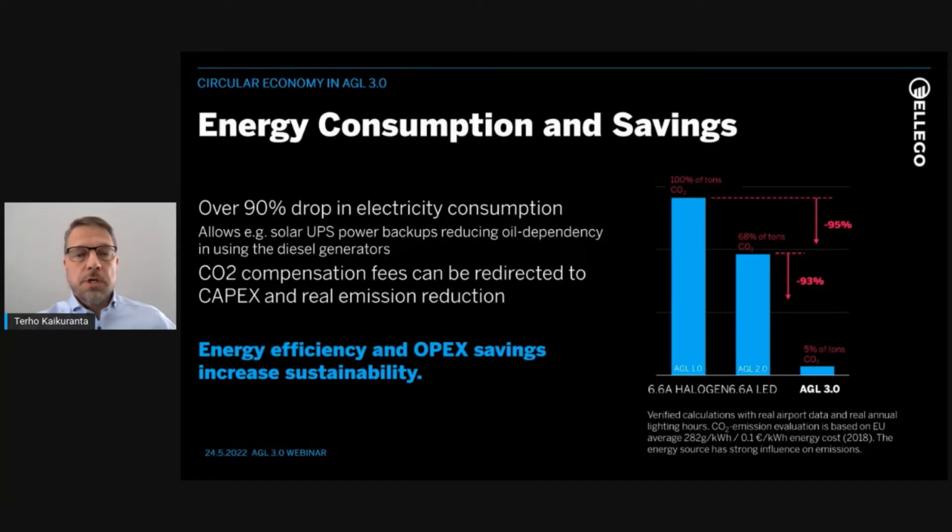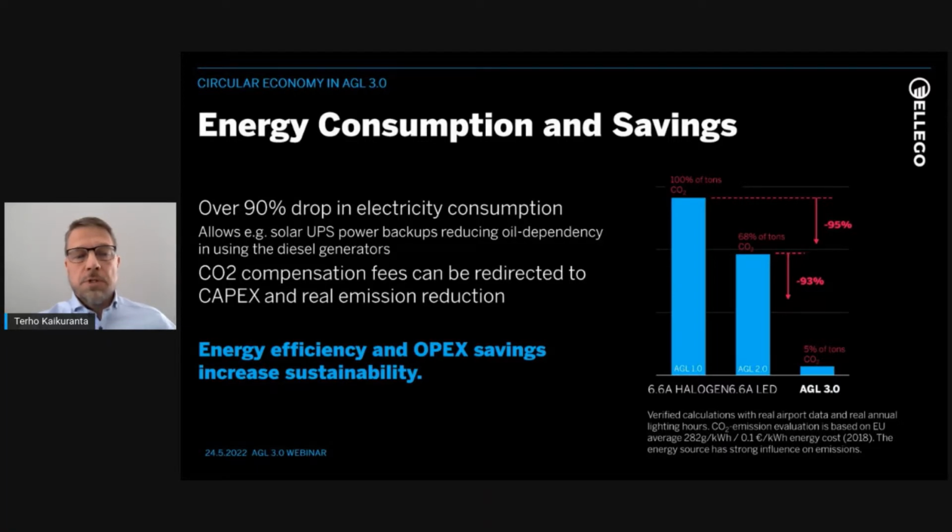This also has some secondary implications. For example, if you are using diesel generators with oil as backup power, you can reduce the oil dependency and maybe consider using a solar UPS system for backup power. Another secondary implication is that the CO2 compensation fees, the money airports are already spending, can actually be used for reducing the actual emissions, which makes more sense.